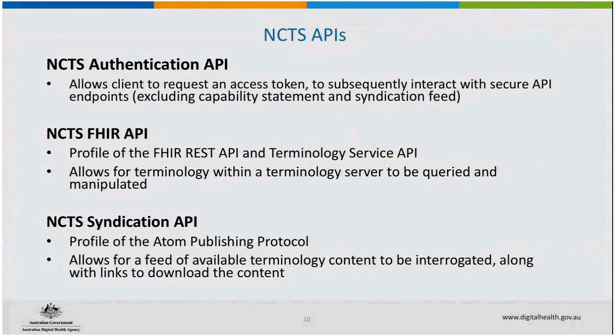The syndication feed also provides means of linking to the SNOMED CT RF2 bundles that we've traditionally released, and they're available in their various formats, being snapshot, full, delta, or all combined.